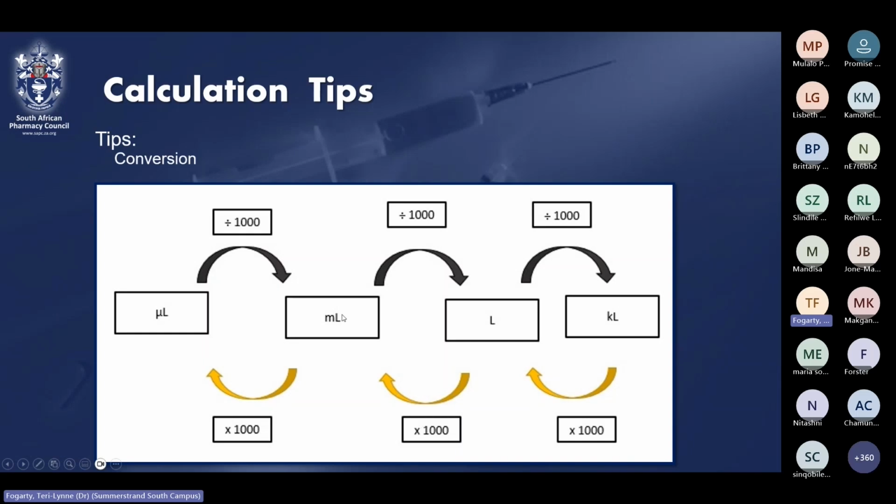And if you go from the small unit to the large unit, you divide. That acts as a reminder to you. And if you really struggle with it, then you need to have a reference point that you can quickly look at to make sure you go in the right direction when you are doing your conversion calculations.